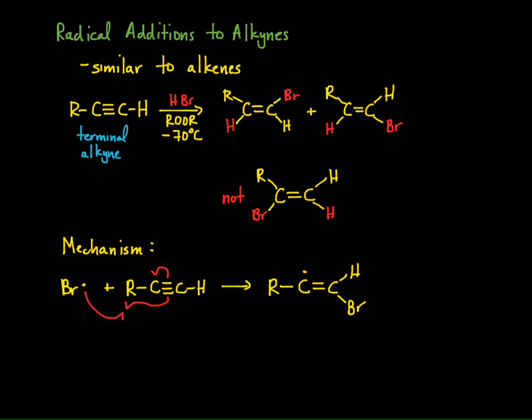So now I take that radical and I react it with HBr. So now the radical is going to abstract a hydrogen from HBr and reform the bromine radical, right? And so, of course, that process is going to repeat and repeat.